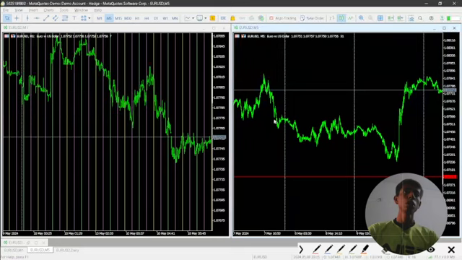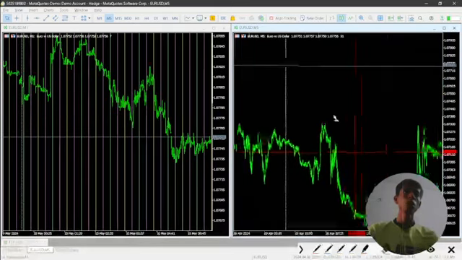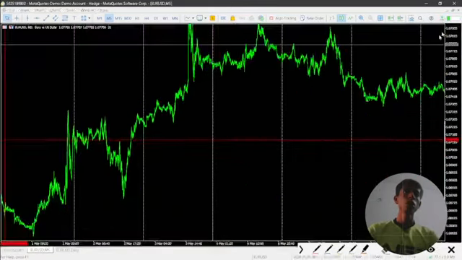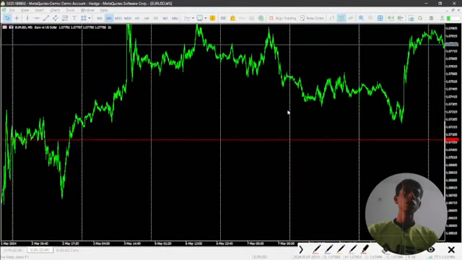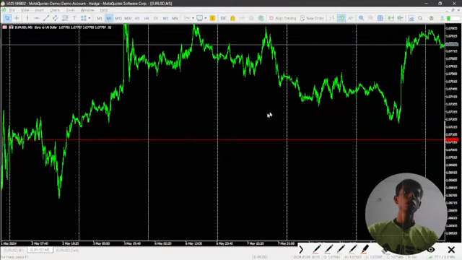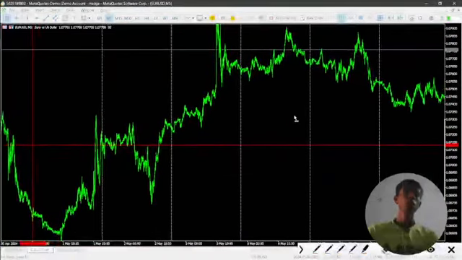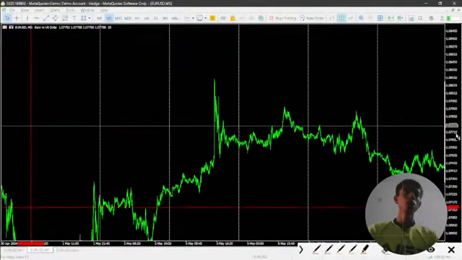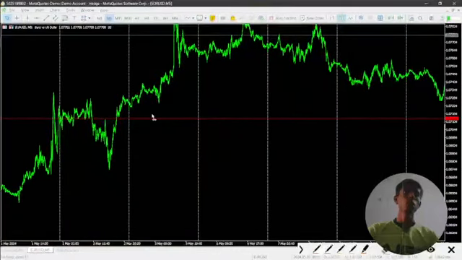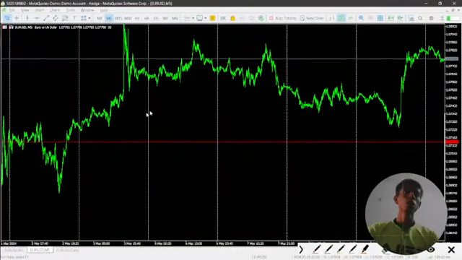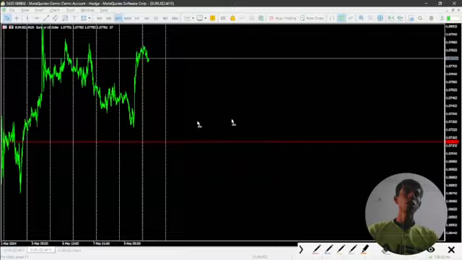Yeah, and here we got this. Okay, so this is the chart for this month, what's going on in this month. Let's just get it to 5-15 minutes.